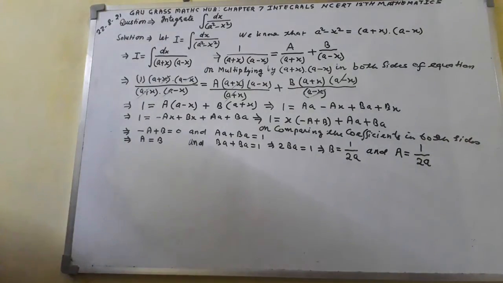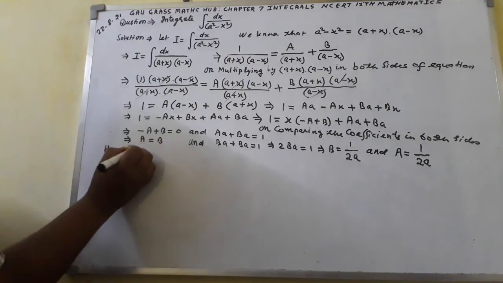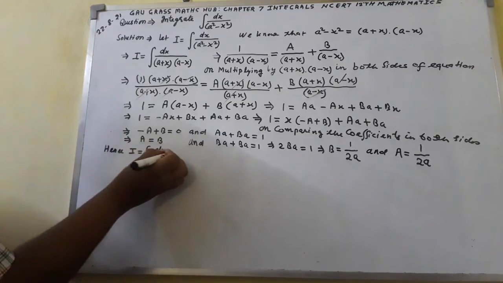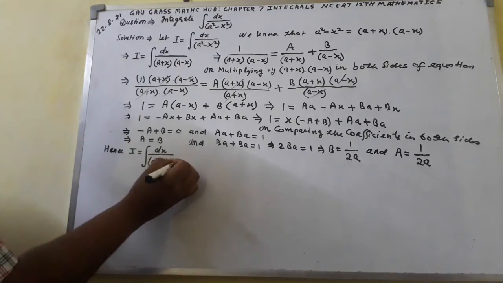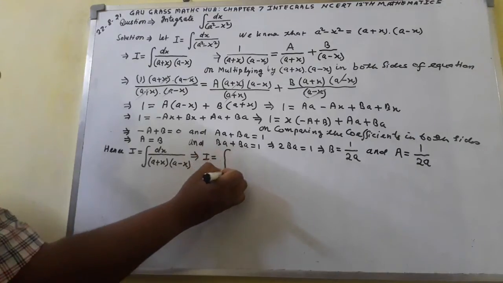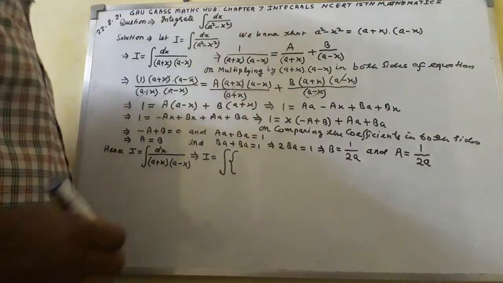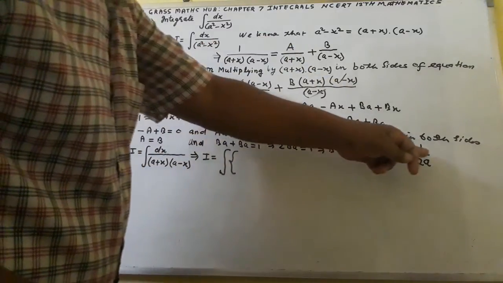Next I shall write this one. Hence I equal to integral dx over (a plus x)(a minus x), implied that I equal to, here I write integral, open curly bracket, in curly bracket I shall write, put the value of A. Capital A equal to, we have got 1 over 2a.